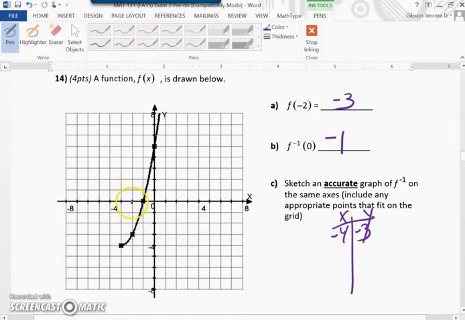This right here would be negative 2, negative 3, so it would be negative 3, negative 2. Here, this would be negative 1, 0, so this would be 0, negative 1. And then finally, this right here would be 0, 5, so this would be 5, 0. So we will plot all of these points.